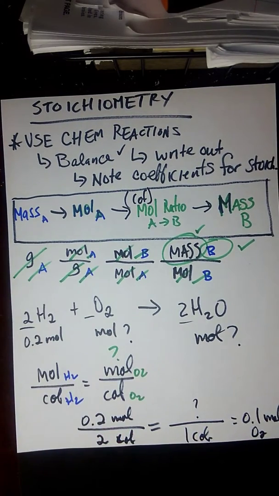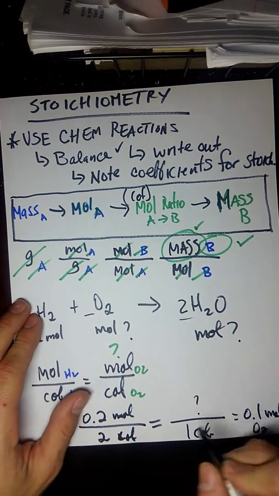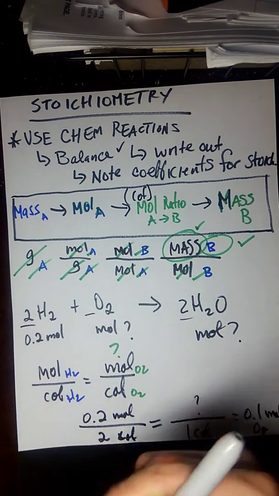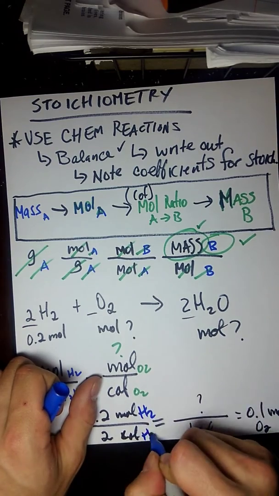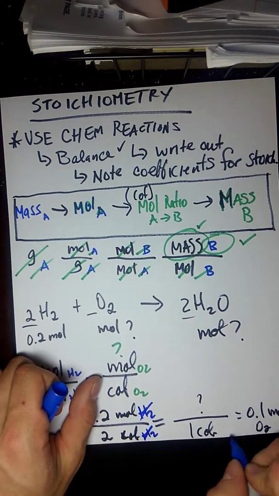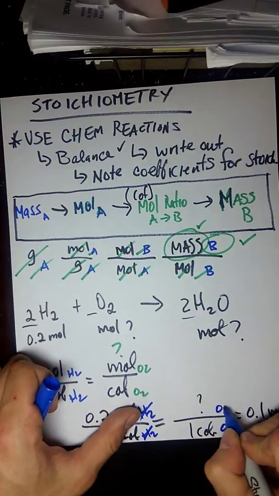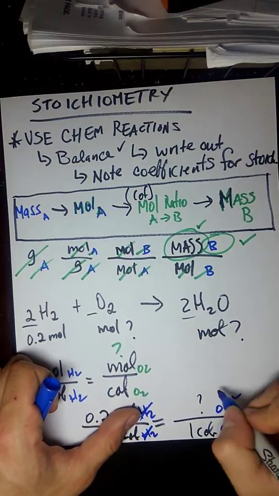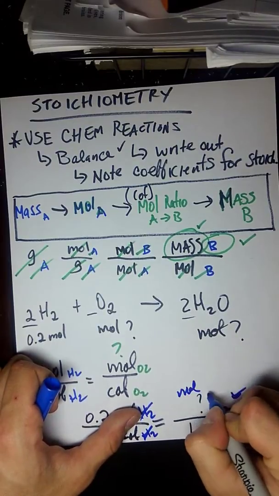Now if I want to solve for H2O, I would do the same thing. As you see here, H2 is here, H2 is here, these cancel. I have O2, and I'm solving for moles of O2.